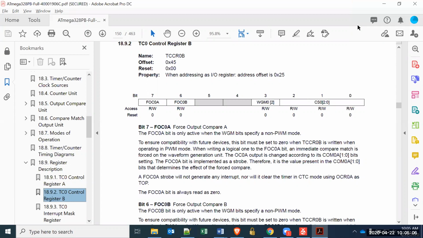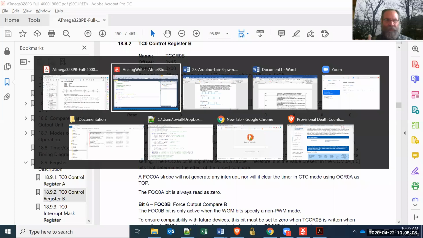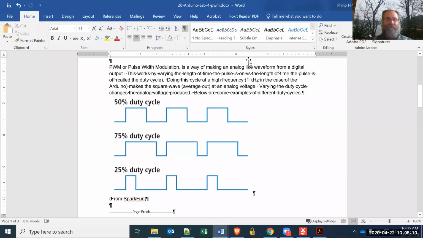And 976.56. Okay, hold on that number for just a minute, because each tick of the T count register is 250K. But if I look at this duty cycle, it's going to be 0, 1, 2, 3, 4, 5, 6, 7, 8, 9, up to 128.